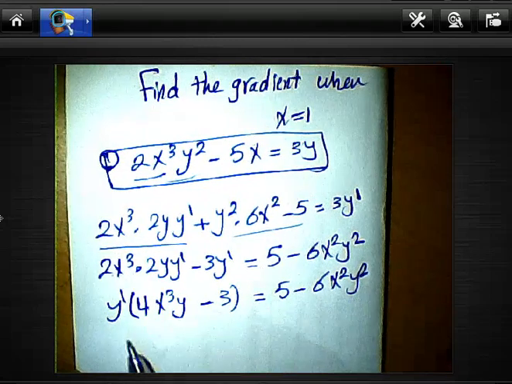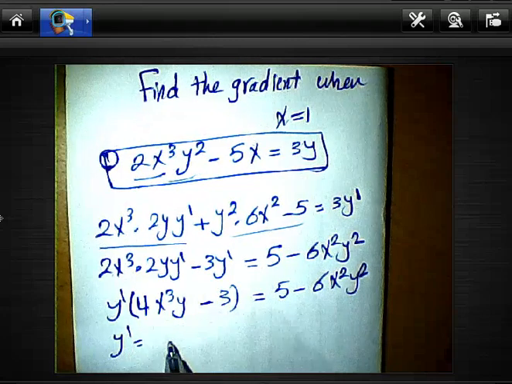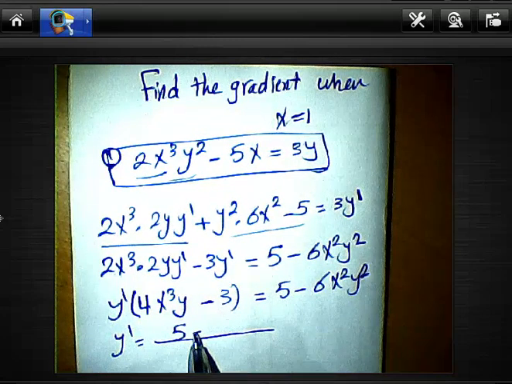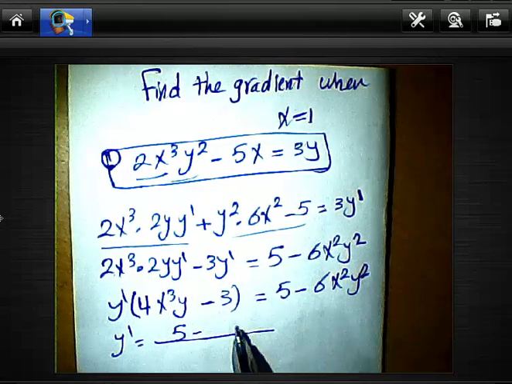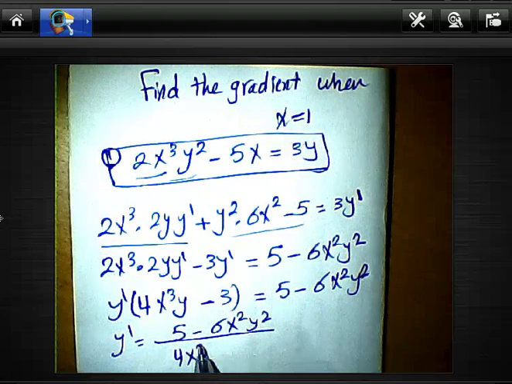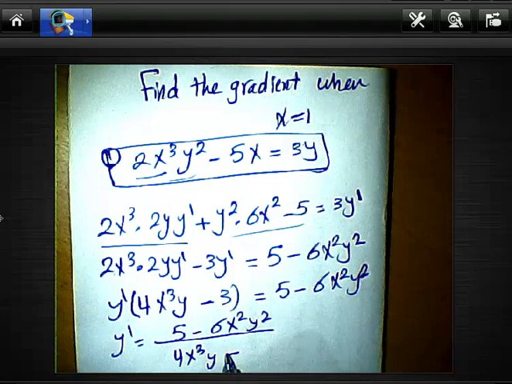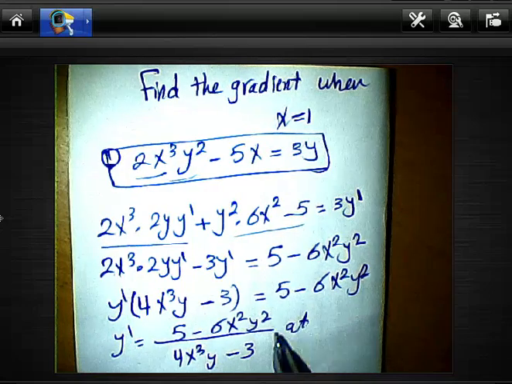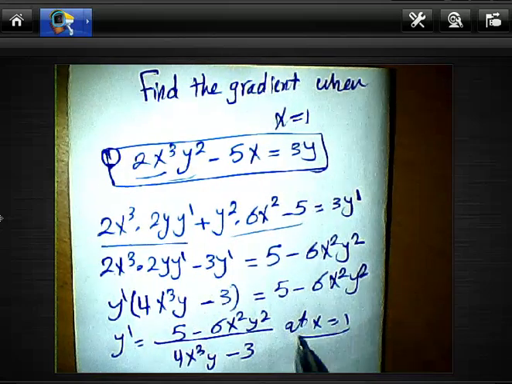We want to find y' equals (5 - 6x^2 y^2) over (4x^3 y - 3), and at x equals 1 we need to find y.